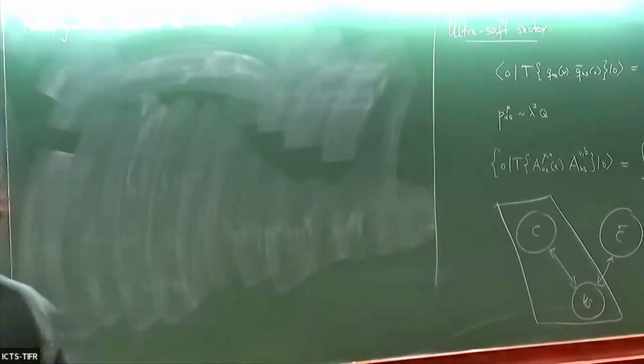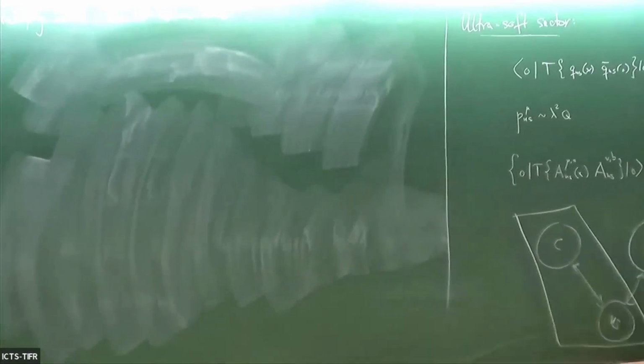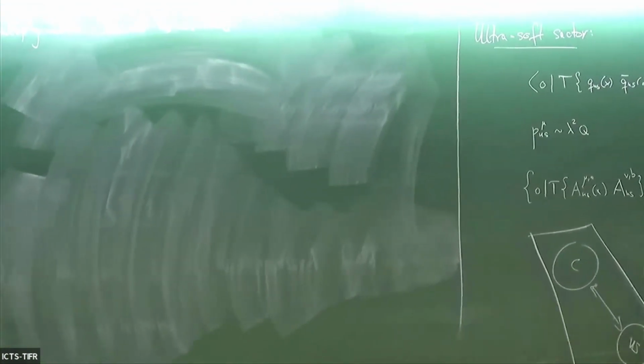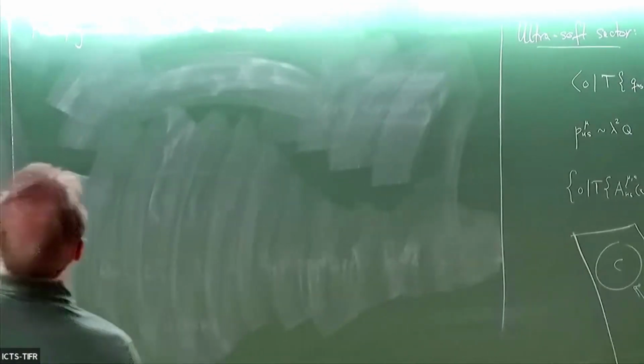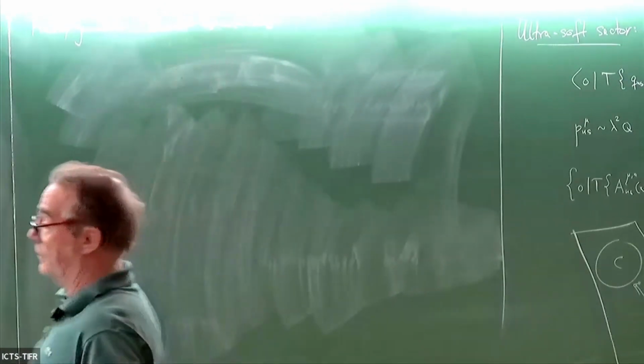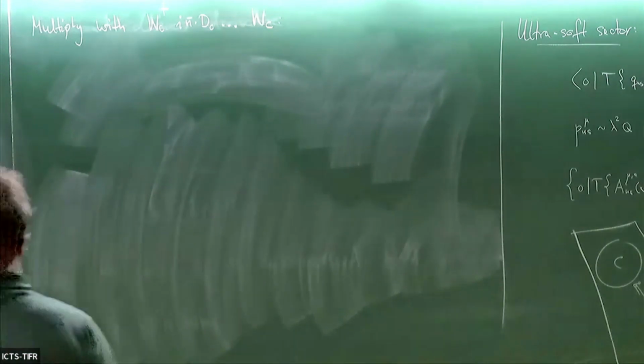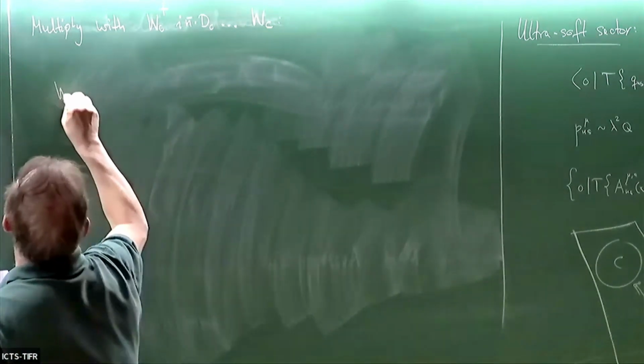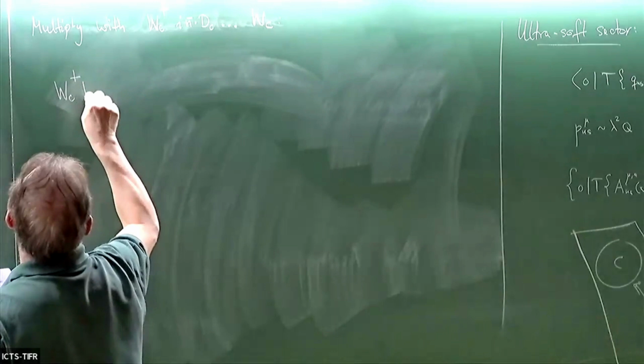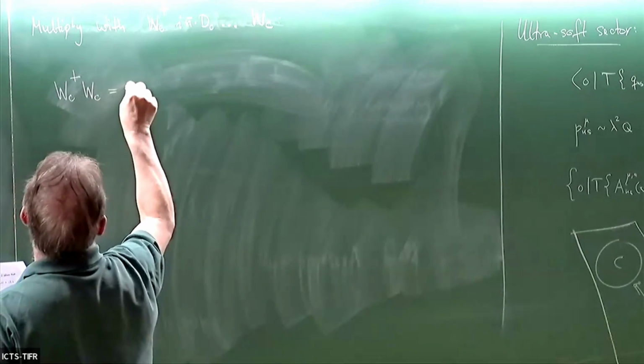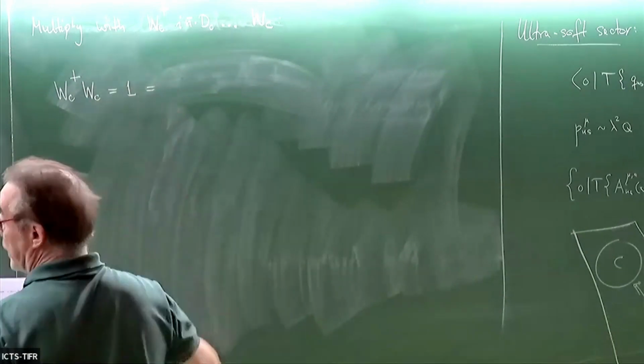So we just apply this to this relation. And then you see on the left-hand side, this cancels this inverse propagator. So we get W_C dagger W_C, which of course is 1. This is a unitary operator.